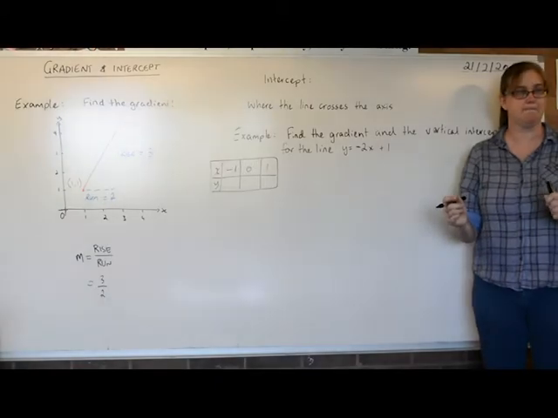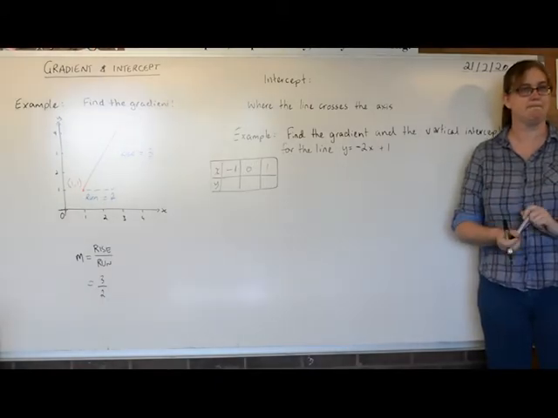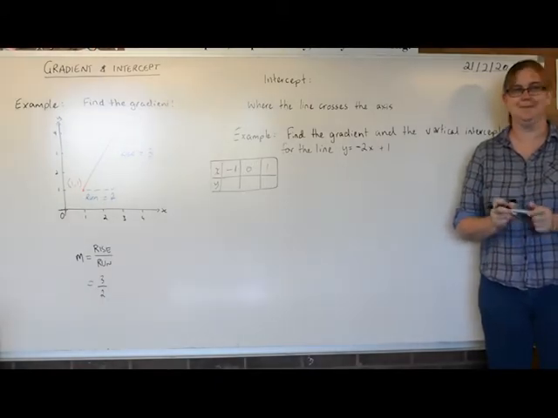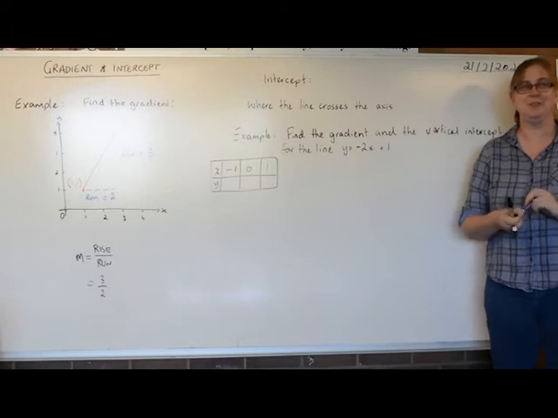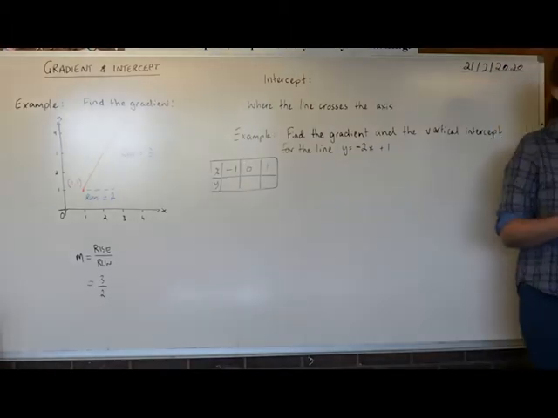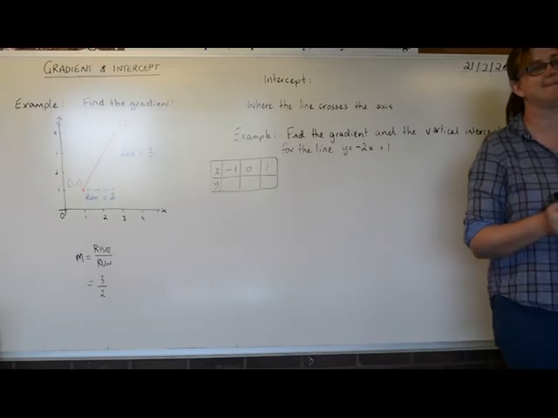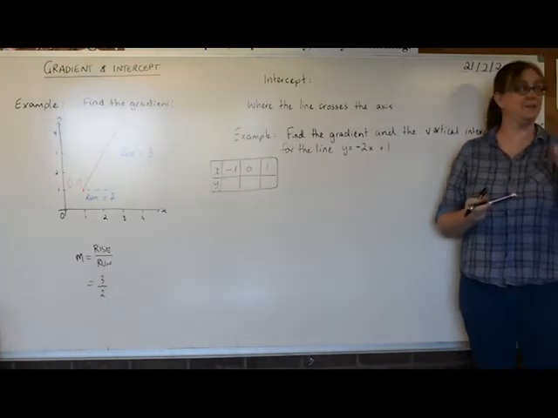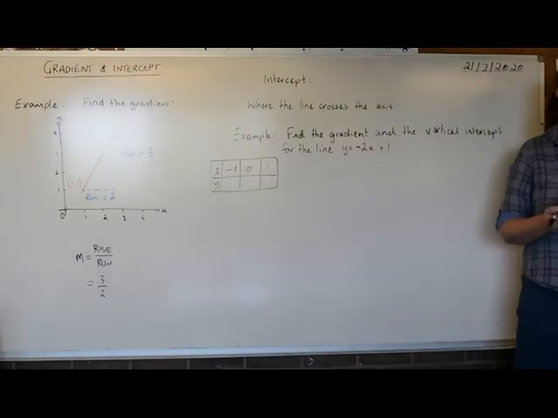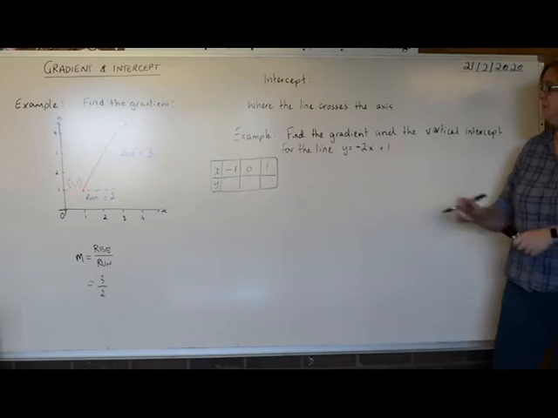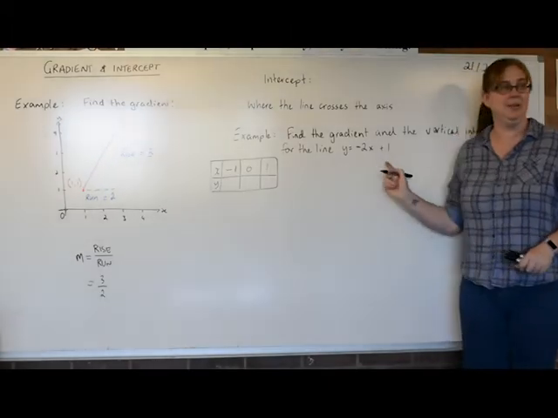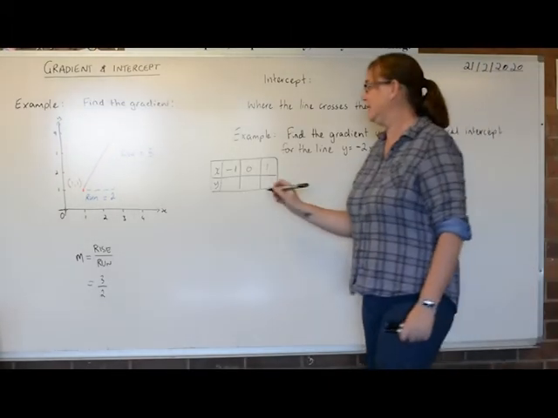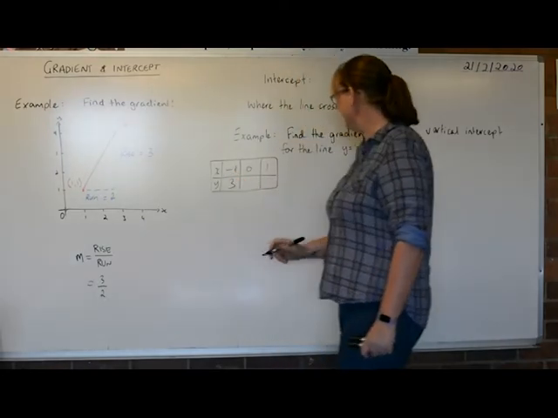It's 2, because they're both negative. But then we're going to add 1 to it. Two negatives make a positive, which will give us 3, that's true.